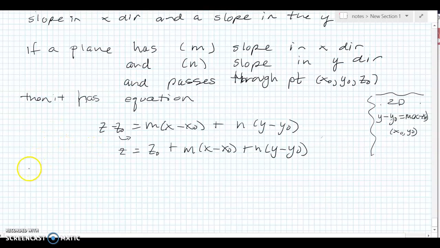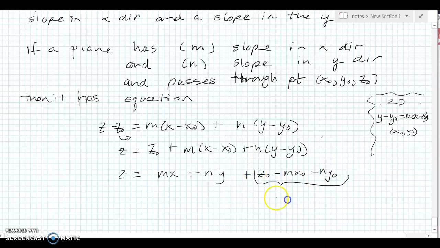And we do more than that too. Let's distribute. I'm going to have mx plus ny plus z naught minus mx naught minus ny naught, and this piece is a constant, because they're all constants.